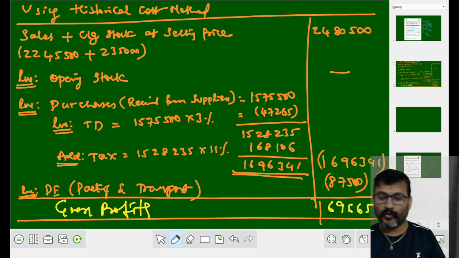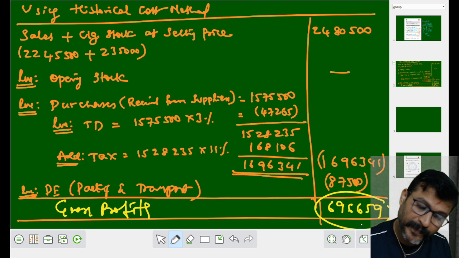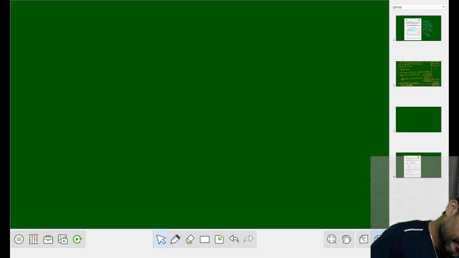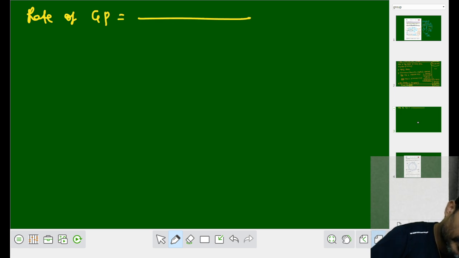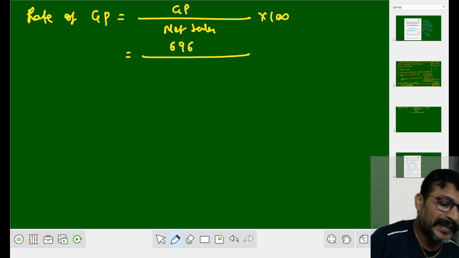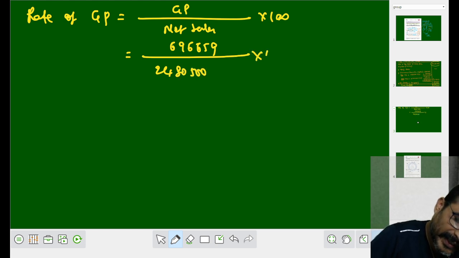6,96,659. Once you have got the gross profit, you take this gross profit and divide by net sales into 100. That is the rate of gross profit: gross profit 6,96,659 by net sales 24,80,500 into 100.